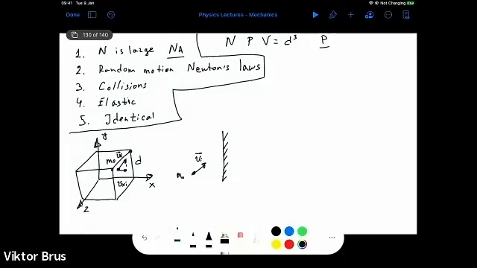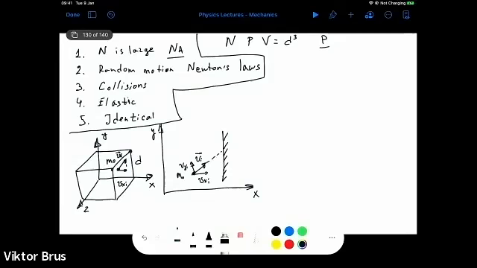Then we have two components. We have two axes, this is X, this is Y. So we have an X component and a Y component. This is the initial condition. Then we have v_xi and v_yi.